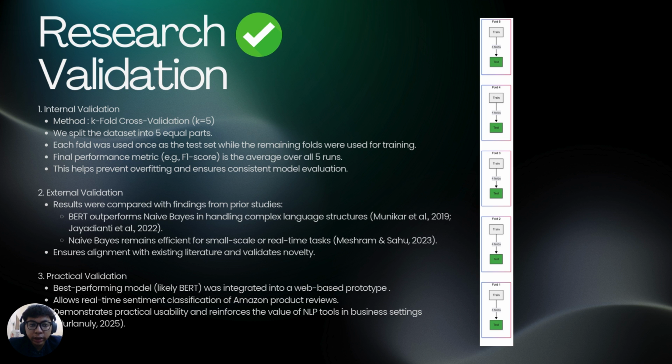The second, external validation: the results are compared with the findings from prior studies. Prior studies say that BERT outperforms Naive Bayes in handling complex language structures, from Munikar and also Jayadianti, and also that Naive Bayes remains efficient for small-scale or real-time tasks, from Meshram and Sahu.